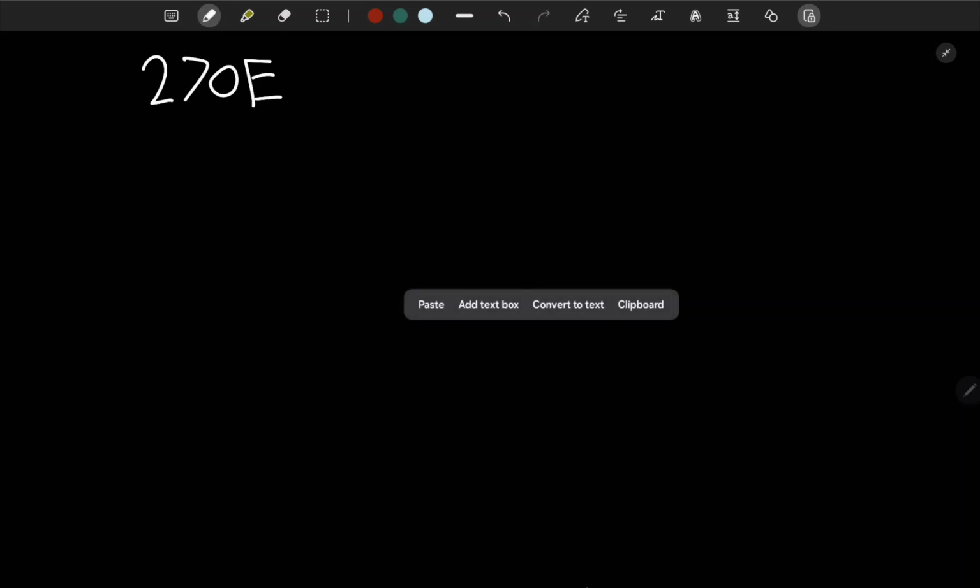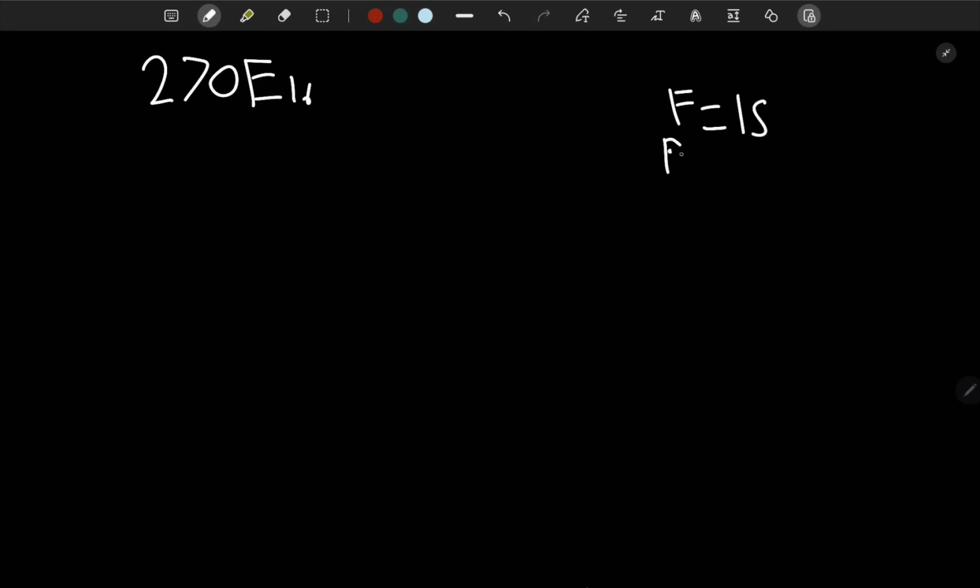So another question, 270E, and this is base 16. F is 15, so E is going to be 14. That's also another way to quickly get it. So E is going to be multiplied by 16 to the power of 0, and 0 is 0, you can leave that out.